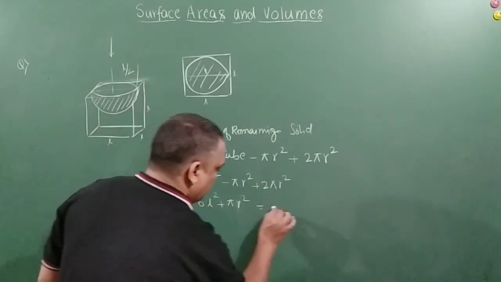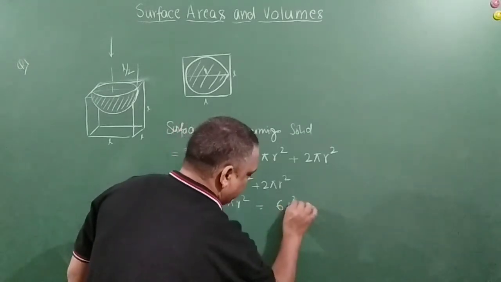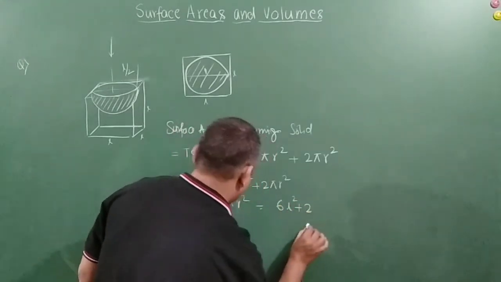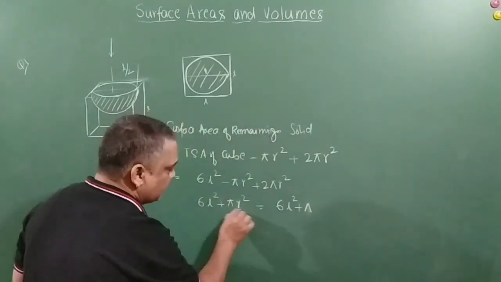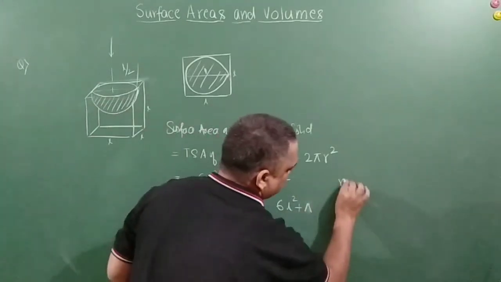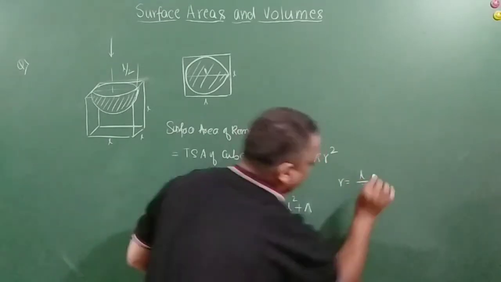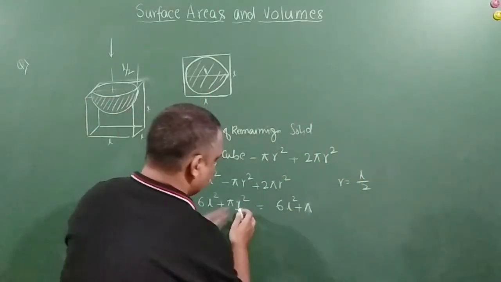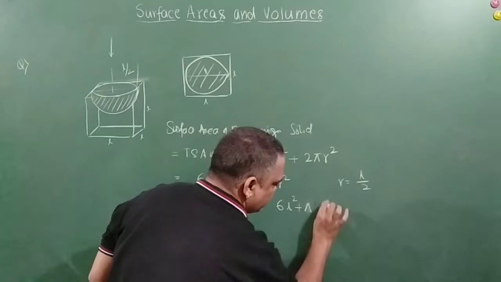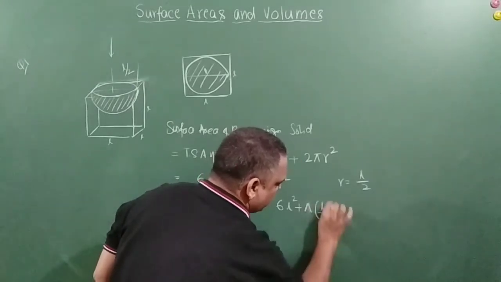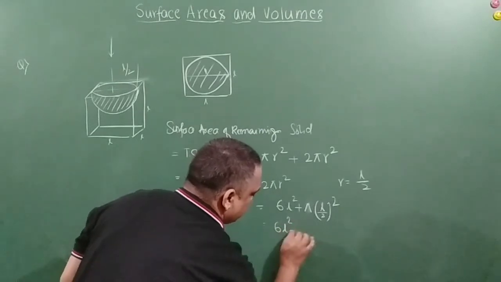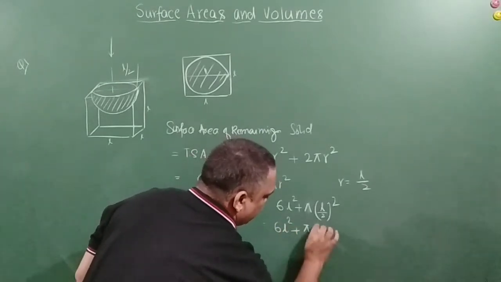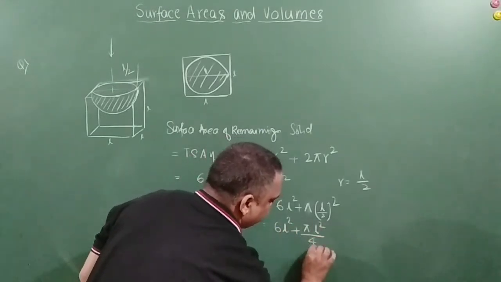Now this can be written as 6L square plus pi into what is r? R is nothing but L by 2. See here. So this square becomes L by 2 whole square, right? Which is nothing but 6L square plus pi L square by 4.